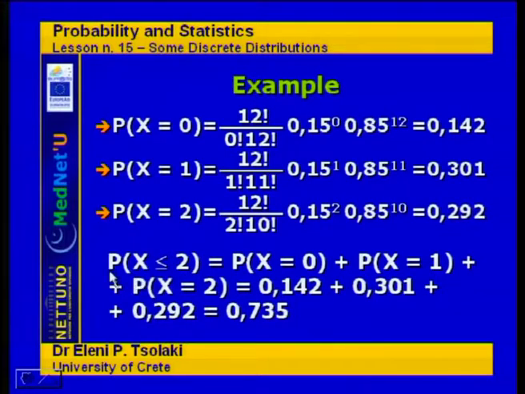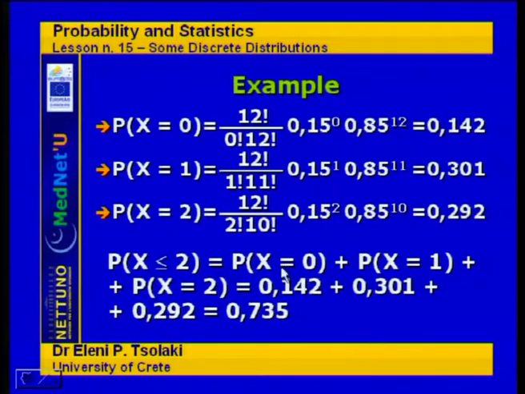Also, we may be interested not in the probability of observing exactly 0, 1, or 2 defectives, but in the probability of observing less than or equal to 2 defectives. In this case, we analyze this probability.